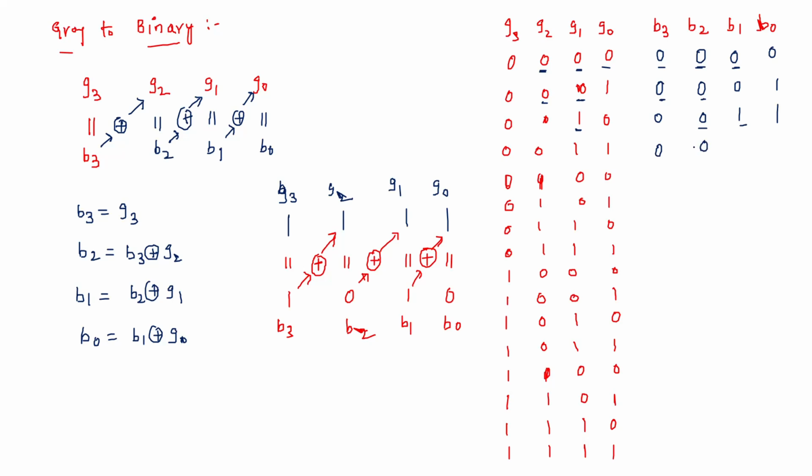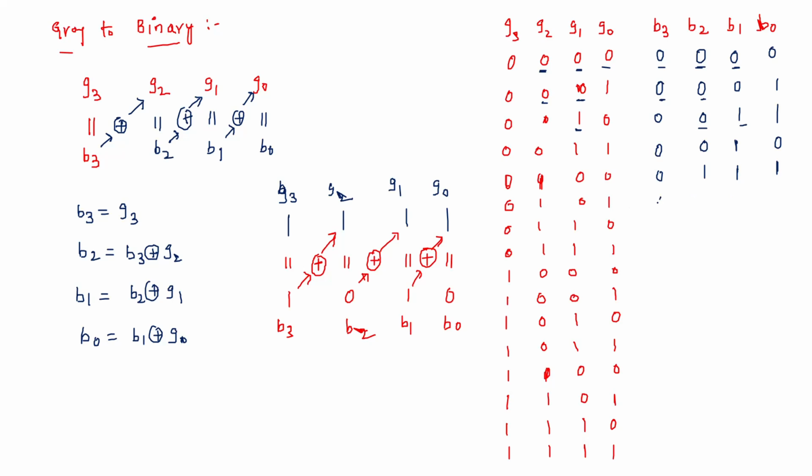And again 0 XOR with 1 is 1, and 1 XOR with 0 is 1.